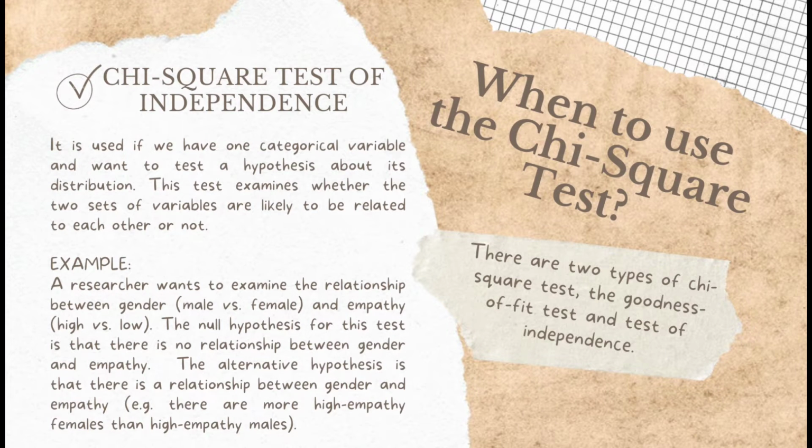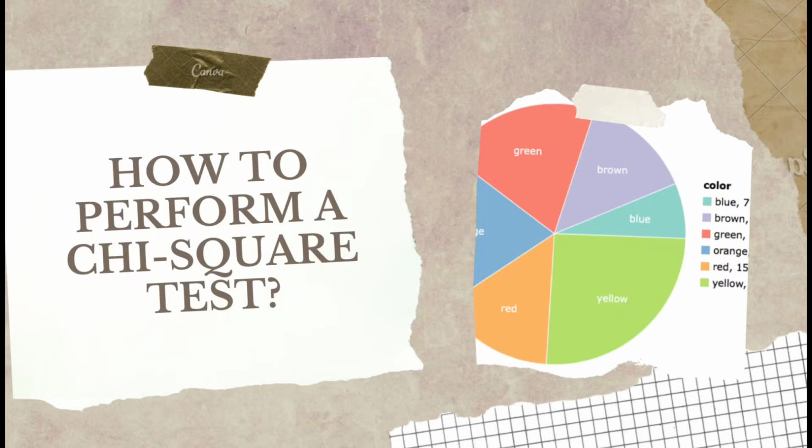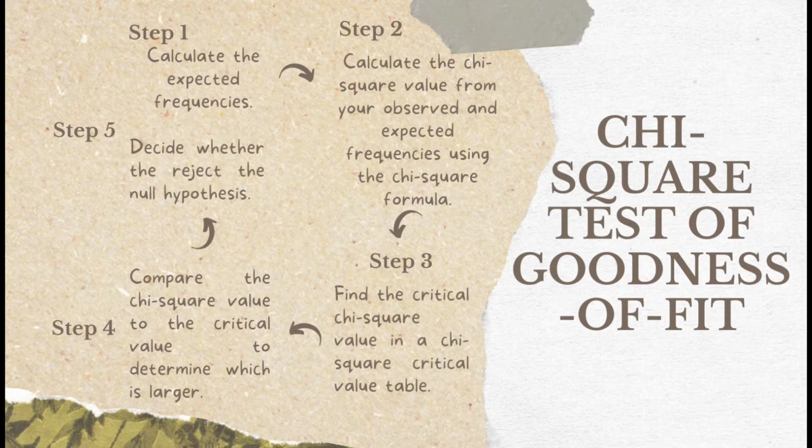So it depends on the data or the distribution which type of chi-square test we will use. So the next part is how to perform a chi-square test of goodness of fit.